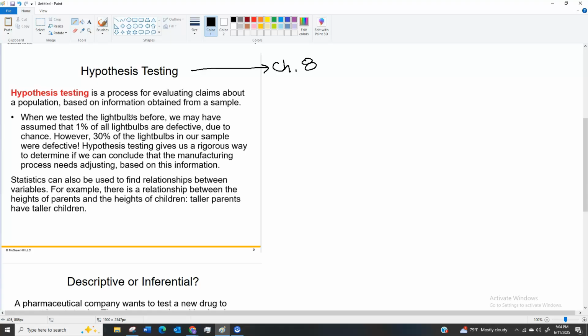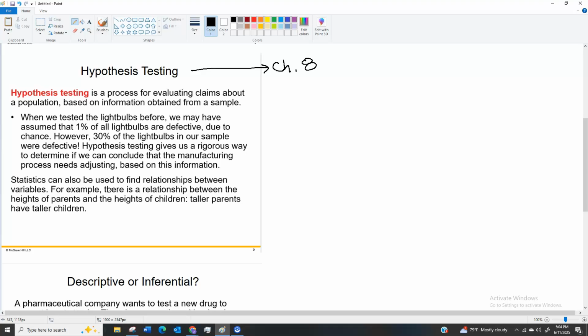So when we tested the light bulbs, we might assume 1% of all light bulbs are defective, and then we got 30% of the light bulbs in our sample were defective. So hypothesis testing gives us a way to determine if we can conclude that the manufacturing process needs adjusting based on this information. So if we only want 1% of the light bulbs to be defective at most, and we take a sample and we find out 30% of the light bulbs are defective, then that tells us a lot about whether our 1% goal is being met.